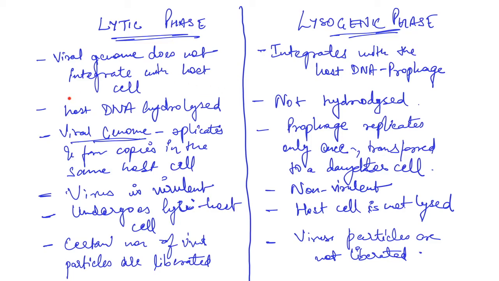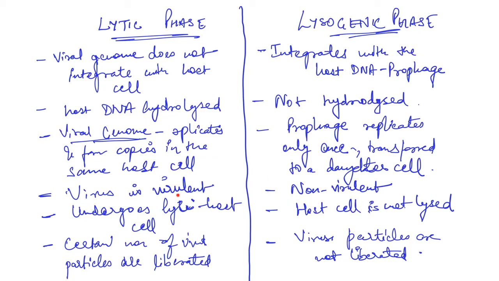Then in lytic, the host DNA hydrolyzes, and in lysogenic, it does not. Then in the lytic phase, the viral genome replicates and forms copies in the same host cell, while in the lysogenic phase the prophage replicates only once, and is transferred into the daughter cell. Here the virus is virulent; in lysogenic it is non-virulent.